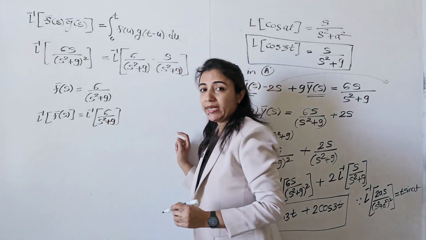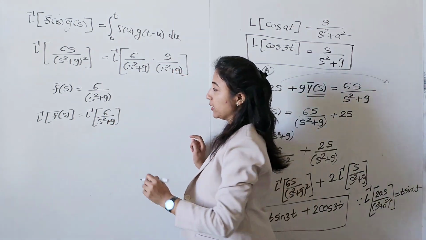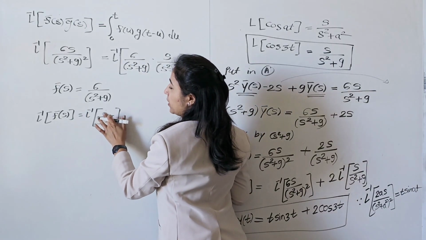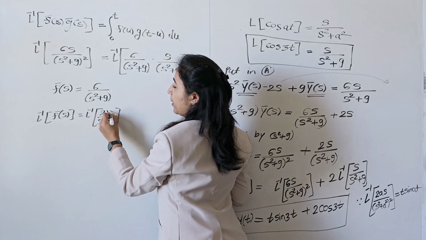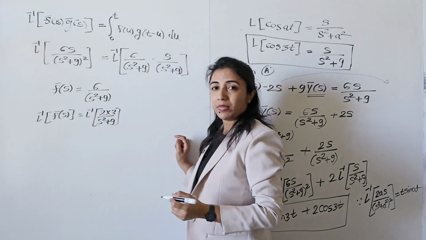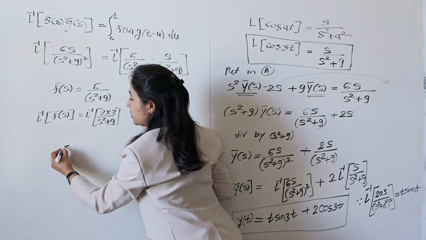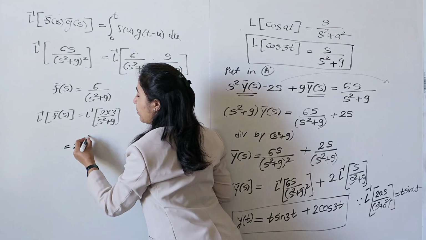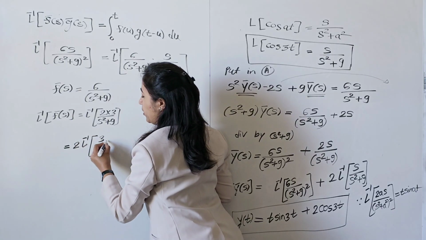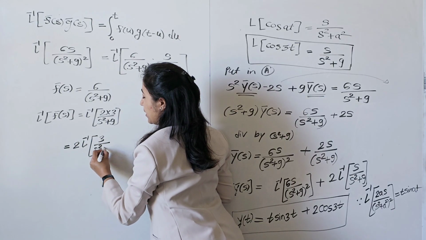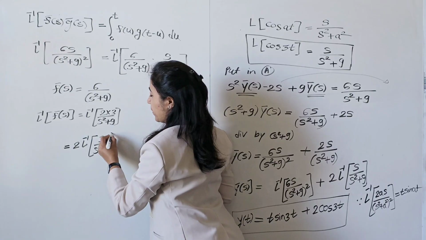Now, can we write 6 as 2 into 3? Yes, this 6 is nothing but the product of 2 multiplied by 3. This constant 2 we can take outside, and the remaining is the Laplace inverse of 3 upon s square plus 9. 9 is again 3 square.